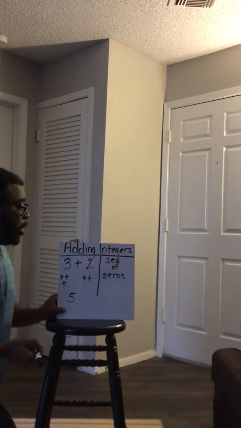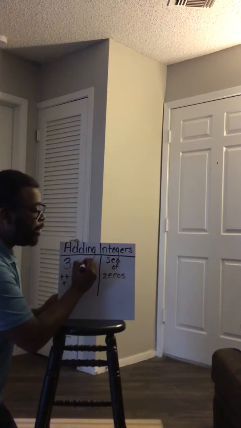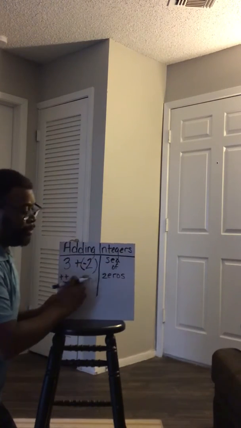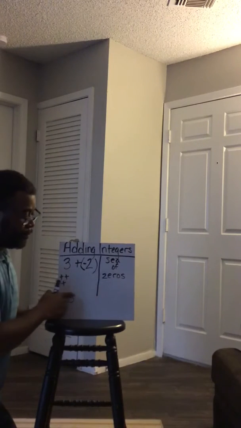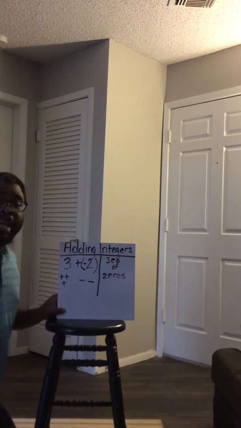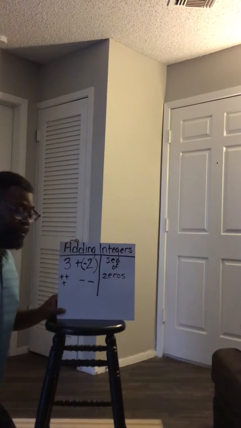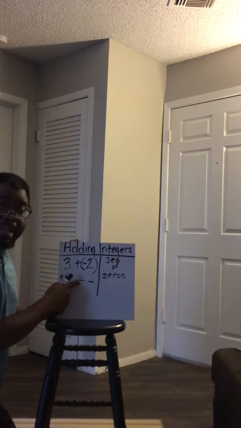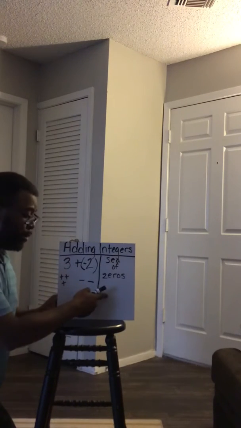Correct? But what happens if this was 3 plus negative 2? If it's 3 plus negative 2, then I can move a positive and a negative to the sea of zeros.